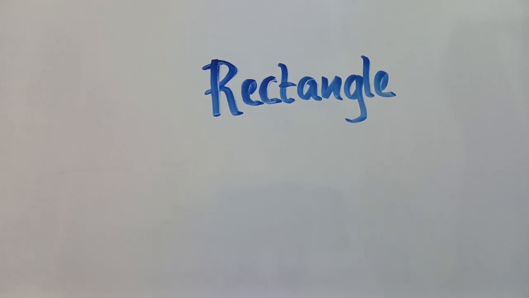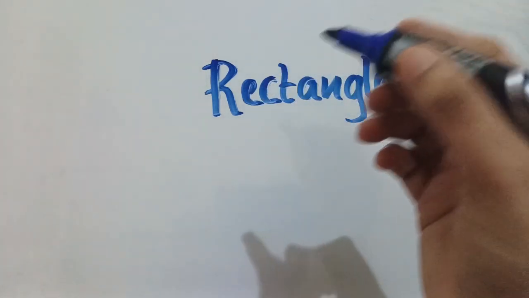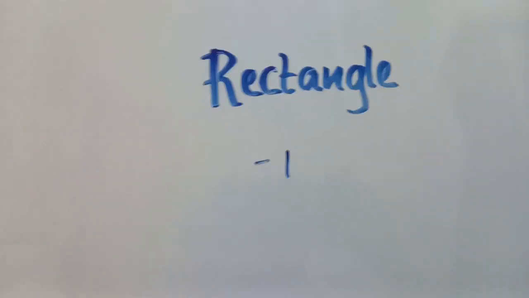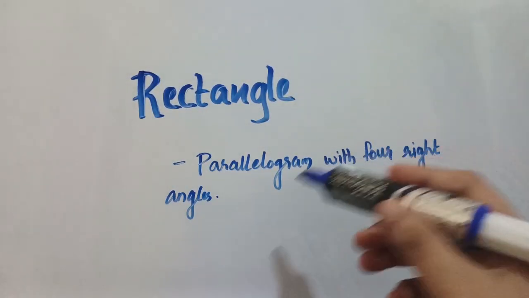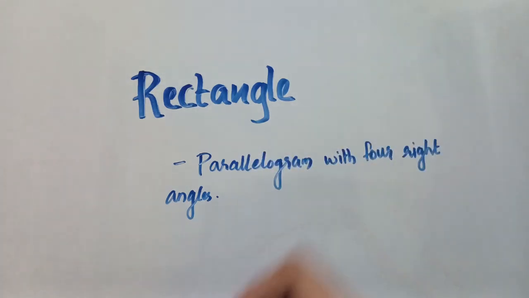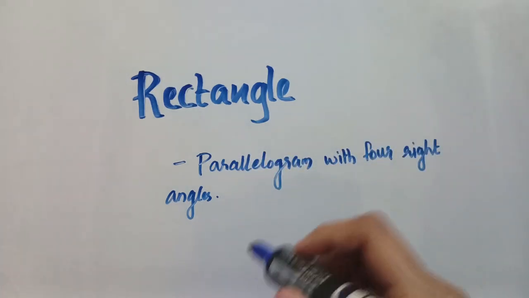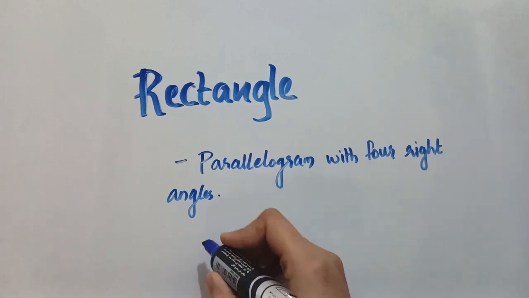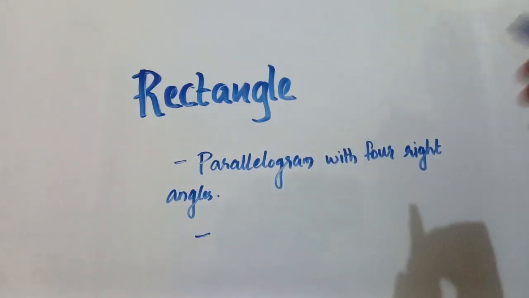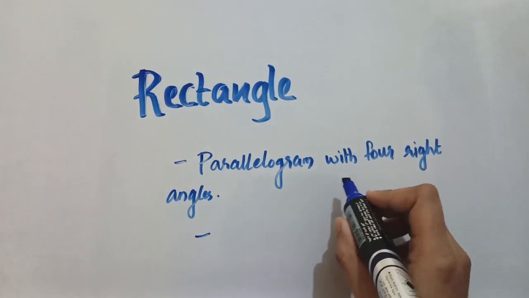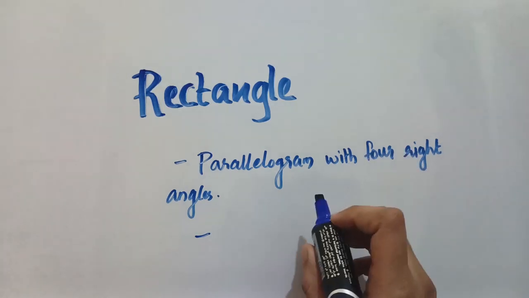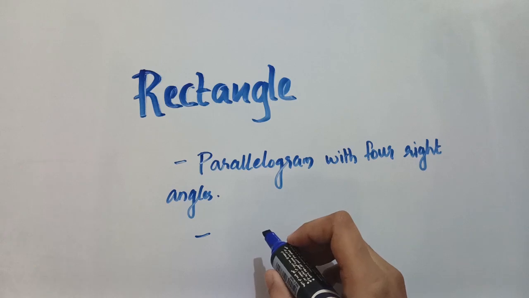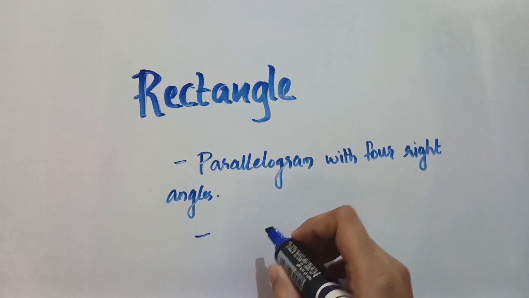First we can look at the rectangle. A rectangle is a parallelogram with 4 right angles. So we can say all rectangles are also parallelograms and quadrilaterals.